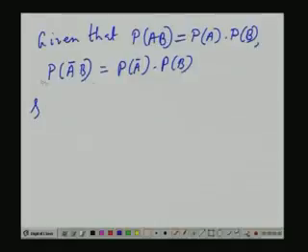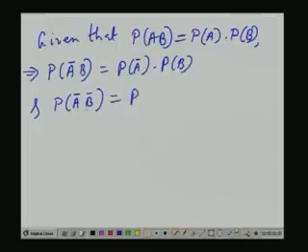Further, P(A bar B bar), these two also are statistically independent. Okay. It is not difficult to show this.